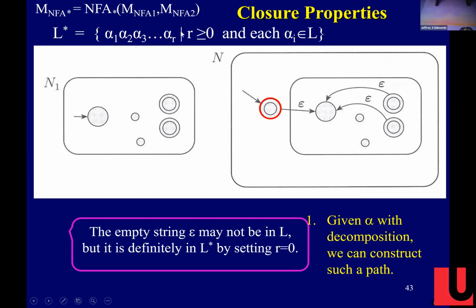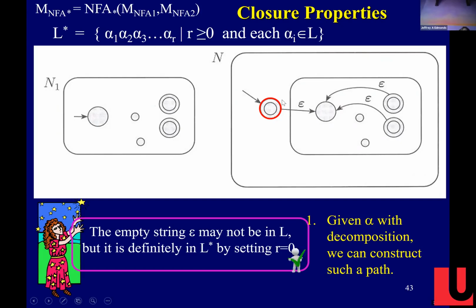Because you can have R be 0 and you take nothing from L. So the empty string is always in L star, and we always want to start by accepting the empty string. But then when you want to start reading characters, you have to commit to saying, I'm not the empty string. And then you start accepting again. But you never want to come back to this state. Once you say, I don't have the empty string anymore, you can never go back to this state, and that's why we have to do that.